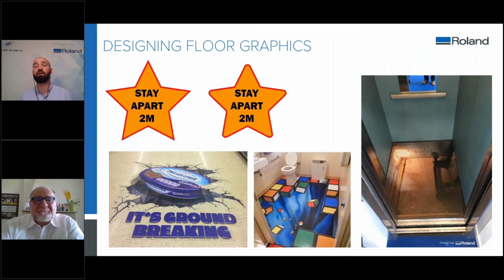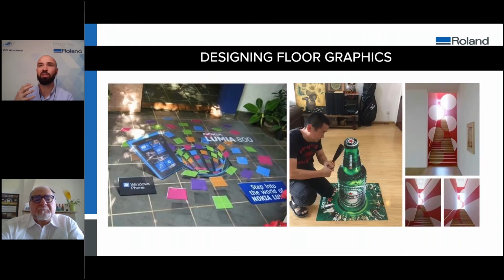The graphic on the right there is actually the elevator, the lift at the Roland offices, where we've put an illusion to make it look like the floor of the lift is missing. So just a few ideas for you. The standard 2D graphics are very easy to produce and a little bit more standard, but there's a lot more that you can do with your graphics.